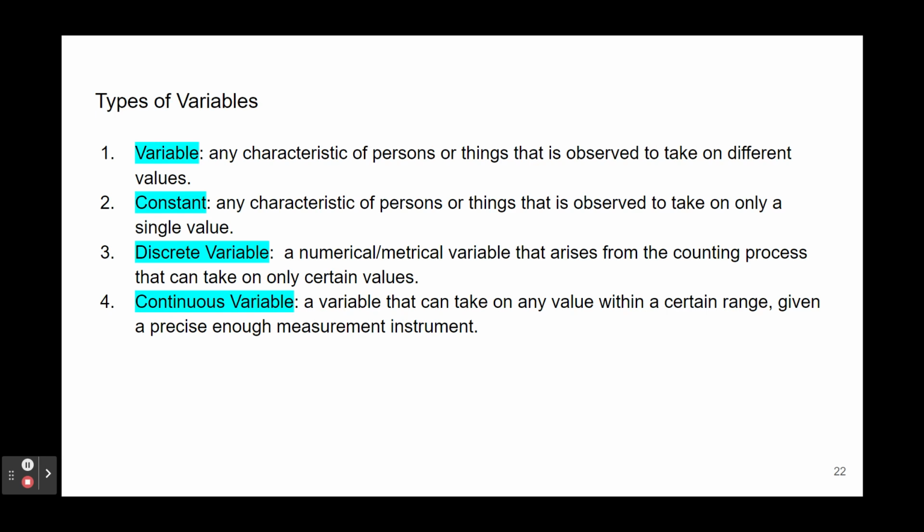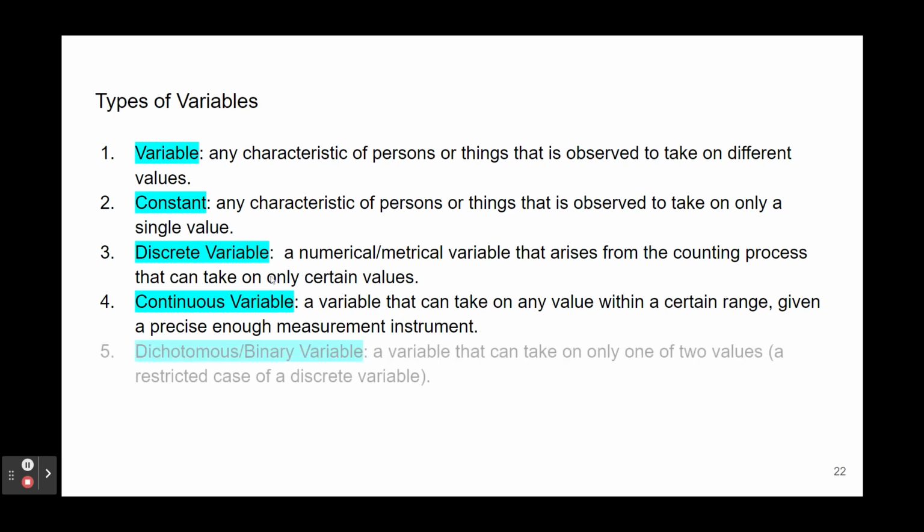So that kind of variable, we call a continuous variable. Same numerical, metrical, but possible values exist in between two values. Sometimes there is no possible value in between two values. 1.2 human beings doesn't make sense. Maybe pregnant, I don't know. 1.2 persons doesn't make sense, right?